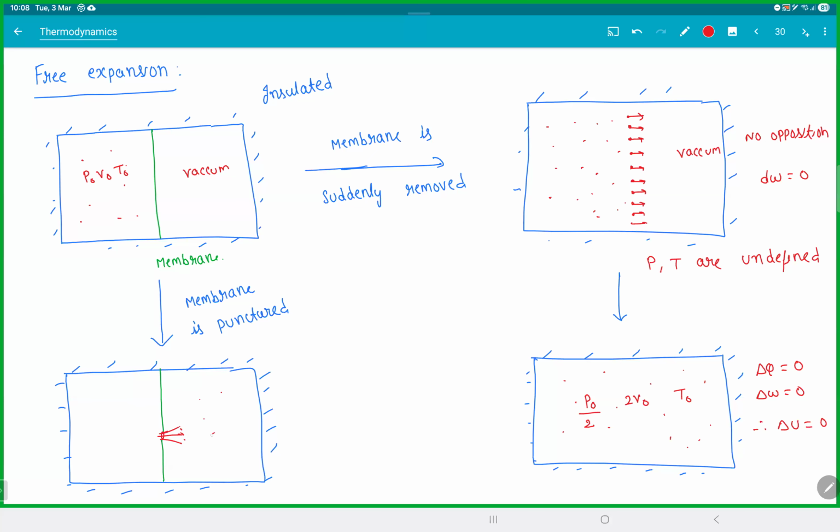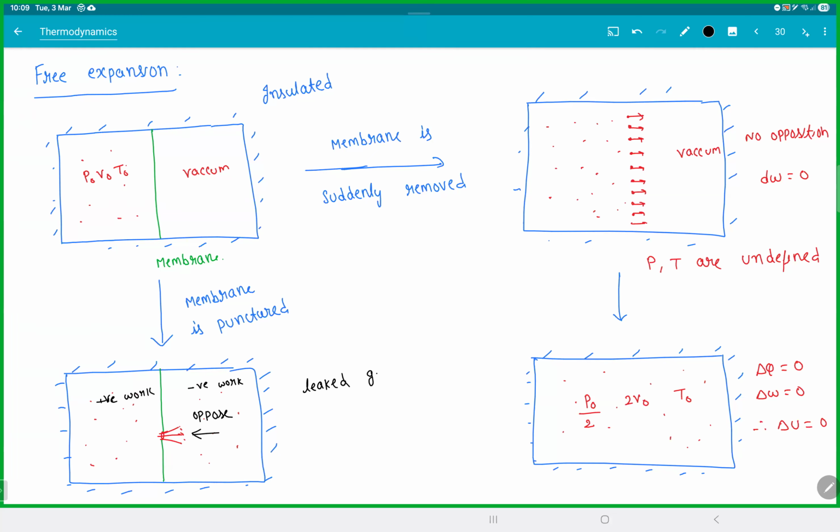Everything is messed up. So this leaked gas will start opposing. The gas which leaked here will try to oppose the gas which is coming inside. So this will do some negative work. It's pushing against it, and this will do some positive work. So internally, there is work going on between them. It's like you're taking money from one pocket and putting it in the other pocket.